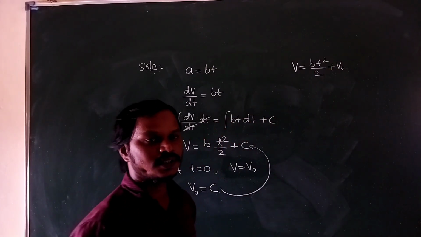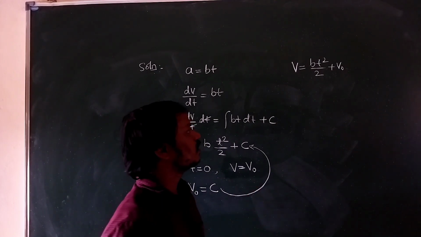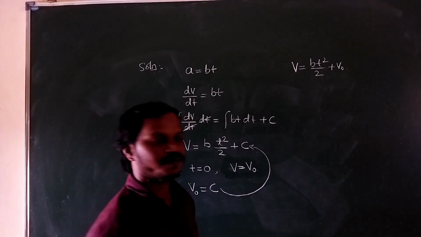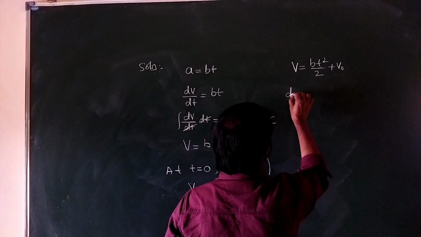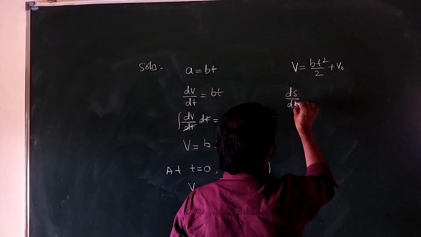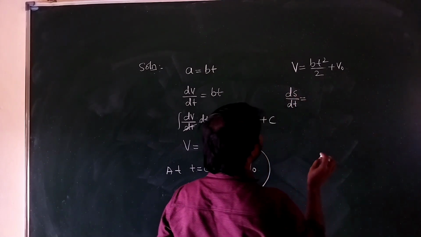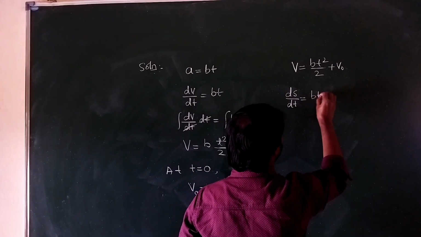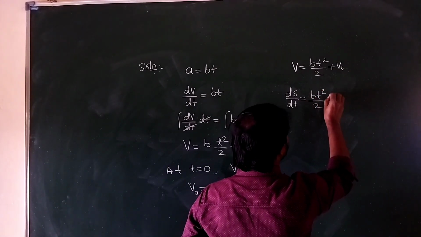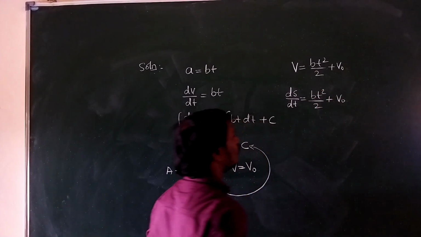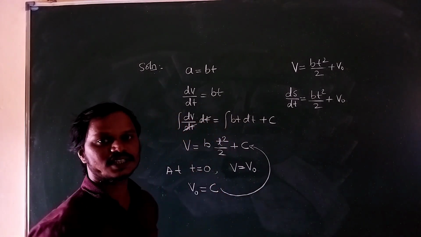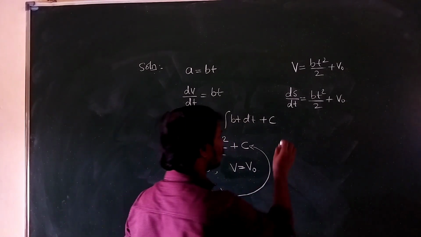Now next one, what is velocity? It is the rate of change of displacement, that means ds by dt. So this can be written as bt square by 2 plus v naught. Then once again integrating both sides with respect to time.